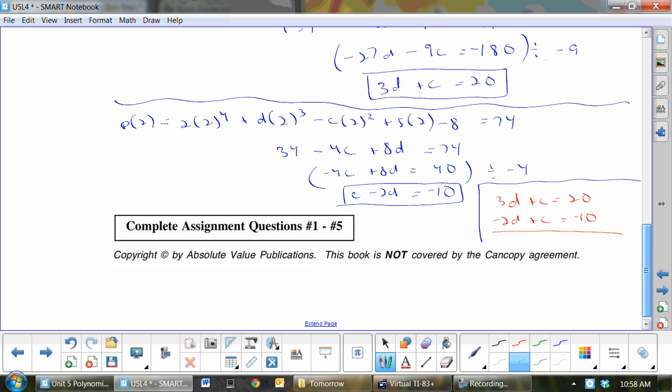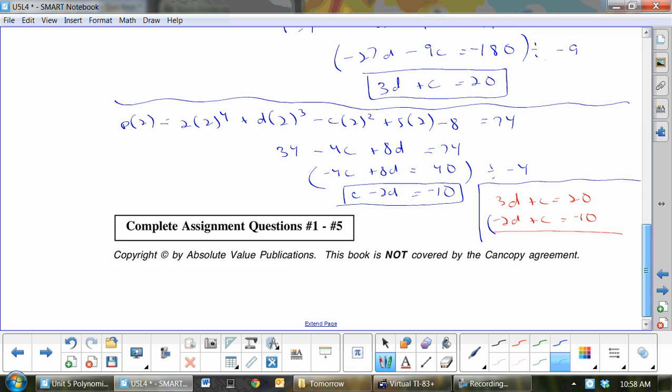Now, this one is really nice because it has the same coefficients in front of the C's. If it didn't, I'd have to multiply something to all of them to get that. Now, in the last class, we had this as 2D minus C equals 10. So we added the 2, because when you add a positive C and a negative C, it equals 0. But in this case, since we did a little differently, I have them the same. So if I added, I wouldn't get rid of any variable.